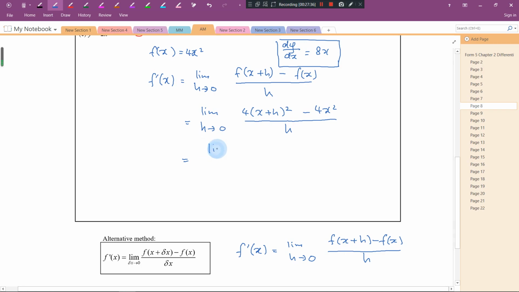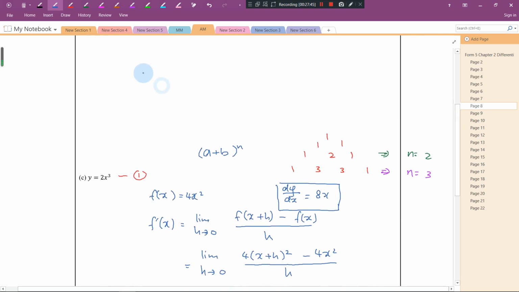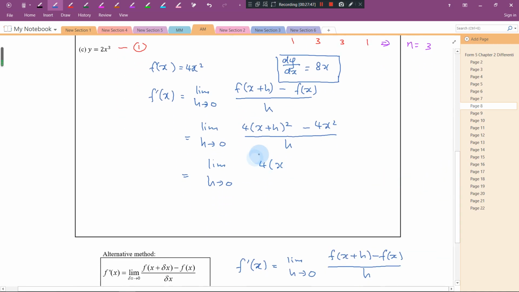Now, okay, so this is just doing the expansion. You will notice that it's actually very similar to what we did just now, just the steps look a little bit different. x squared plus 2xh.